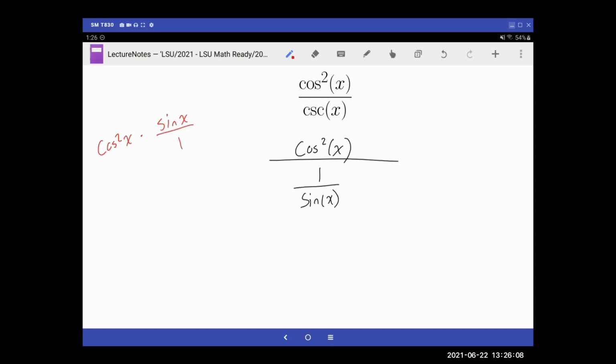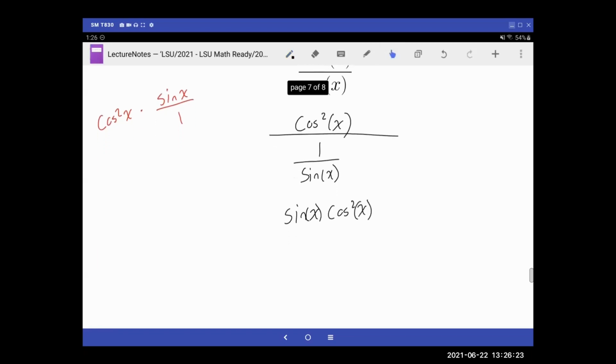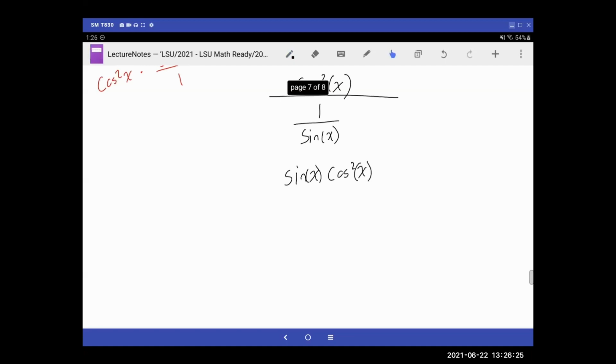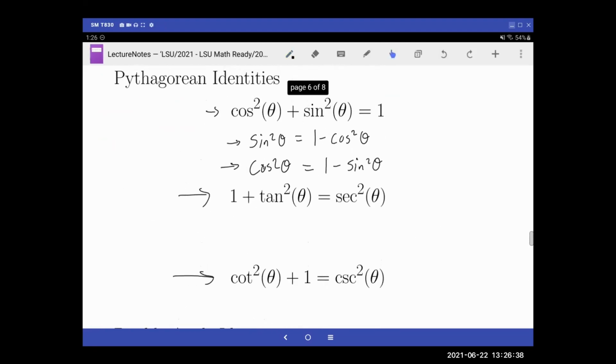All right, so it's cosine squared times sine. Okay, so now this didn't help me that much, but I see that cosine squared, and I did say a second ago that if you see cosine squared or sine squared, anything squared, think about the Pythagorean identities. So I have sine and cosine squared. I go back to my Pythagorean identities.